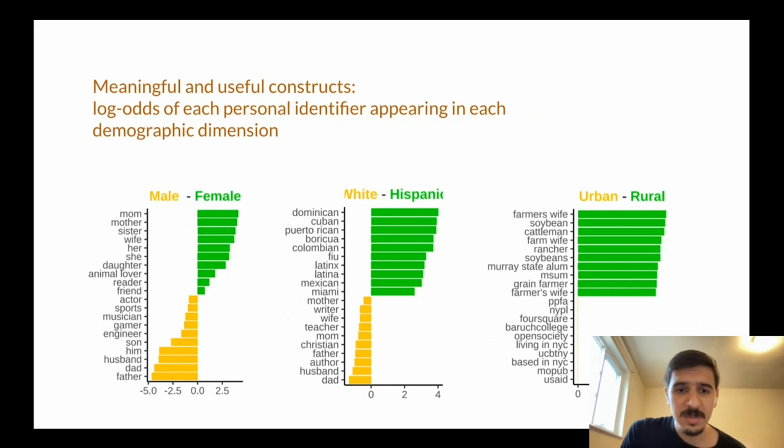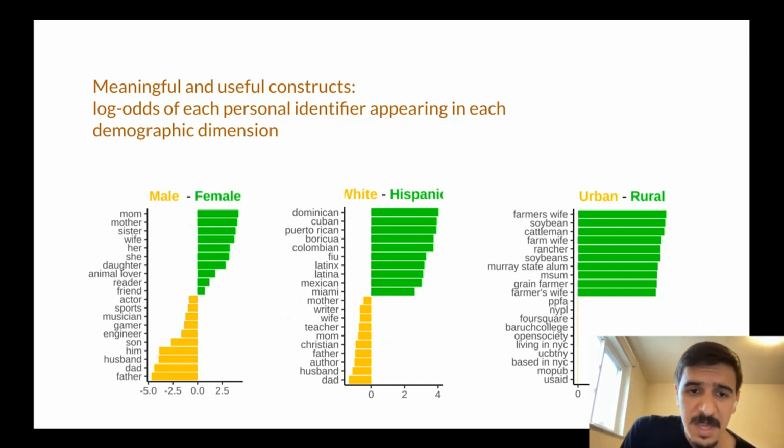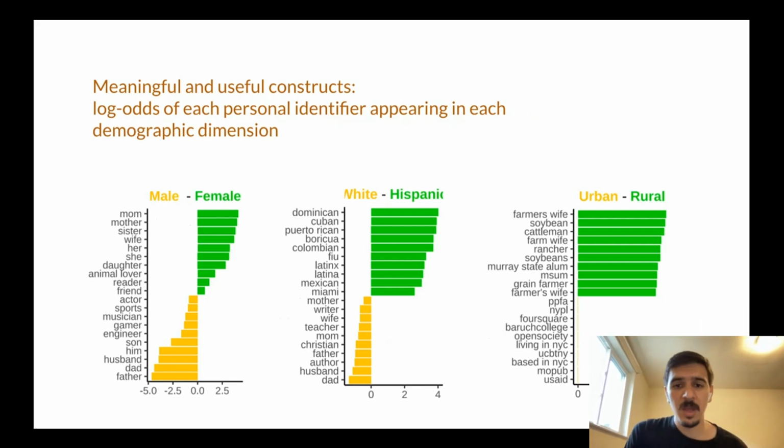We also observe that farmer's wife, cattleman, farm wife, rancher, and such phrases appear in profile bios of people who are living in rural areas. This shows that personal identifiers are meaningful constructs and are aligned with these dimensions of social life, and they can be used to address many downstream research questions.